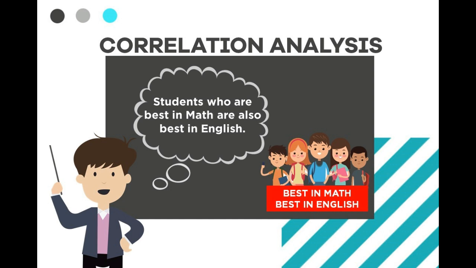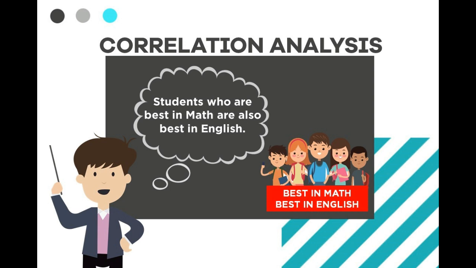Okay? Kung nakita natin that students are also best in mathematics, we do see that those students who excel in math are also best in English. So, yun yung correlation analysis. Gusto nating makita na kapag magaling sila sa math, magaling din sila sa English.